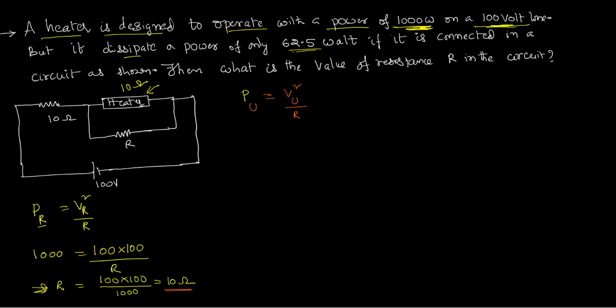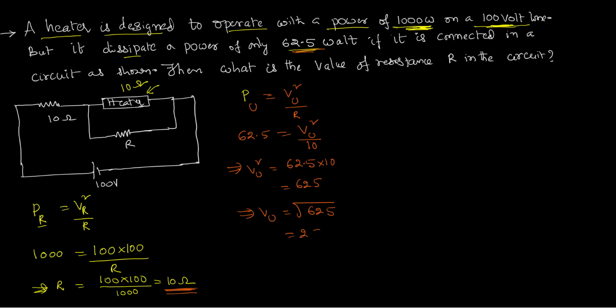Power utilized or power delivered is given to us in the problem as 62.5 watts. So 62.5 is voltage utilized square by resistance of that heater, which remains constant, that we have already calculated as 10. It implies voltage utilized square is 62.5 into 10, that is 625. That implies voltage utilized is square root of 625, that is equal to 25 volts.